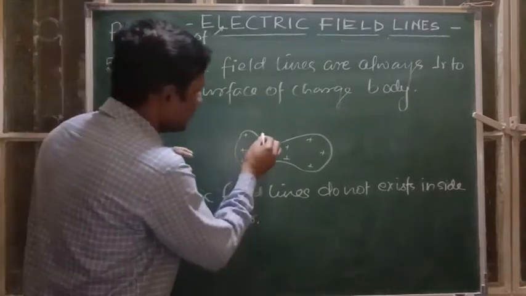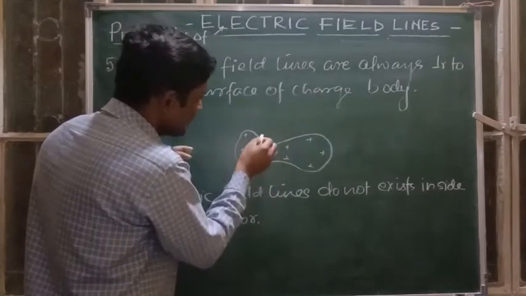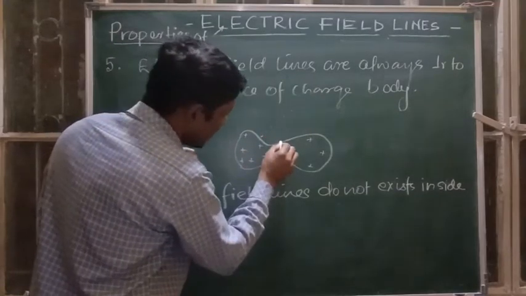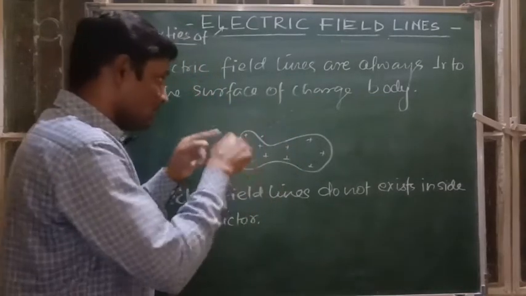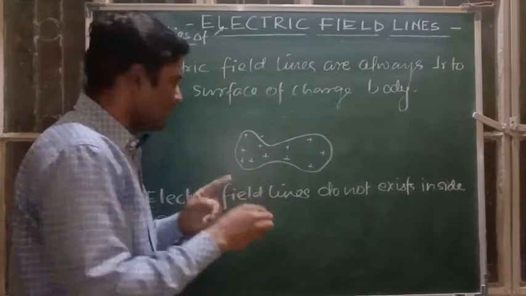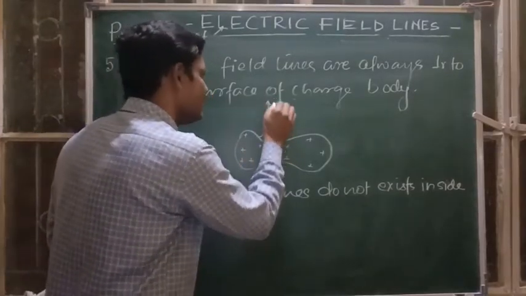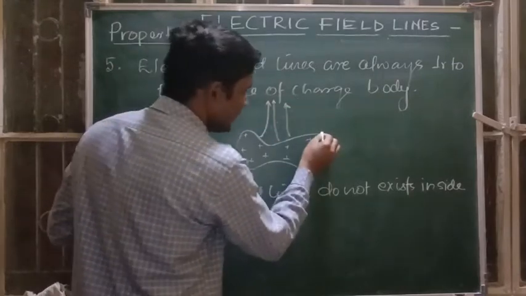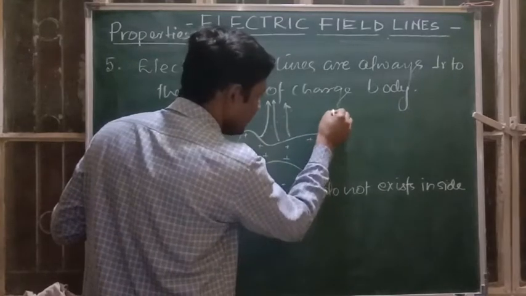Suppose that here it is positive, so lines must be ejecting in this direction. But from this point the electric field lines must be ejecting in this direction. Now they will intersect each other. To avoid that, we have to move this line like this. Similarly, at this point the electric field lines must be normal in this direction.